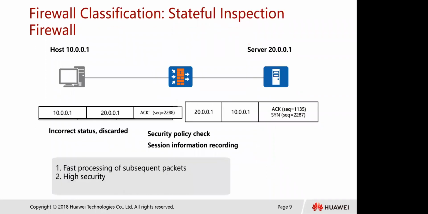So looking at the next slide here, we have the classification. We have looked at proxy. Now we are going to look at the classification of the stateful inspection firewall. We have our host on the network 10.0.0.1, and we have our server on the network 20.0.0.1. And these guys want to communicate and share information amongst themselves, right?